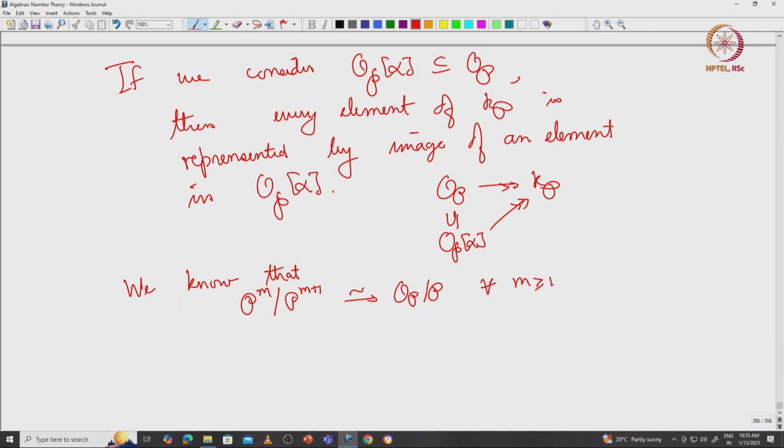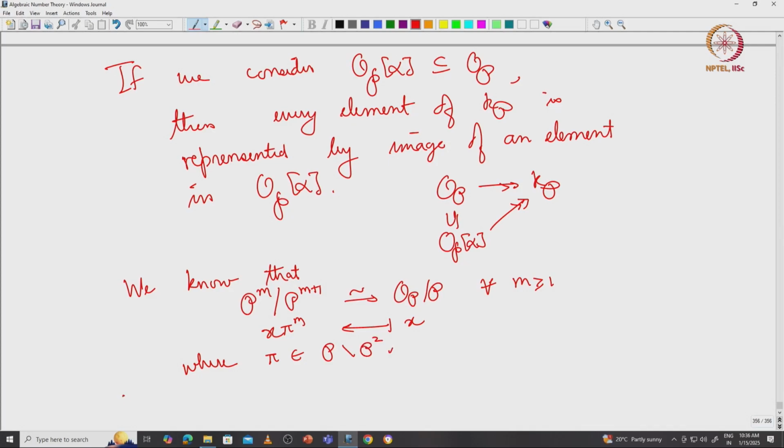And what is the isomorphism? The isomorphism is easily given in this direction: x goes to x times pi^m, where pi belongs to P but not to P squared.